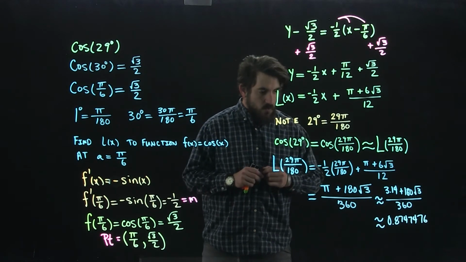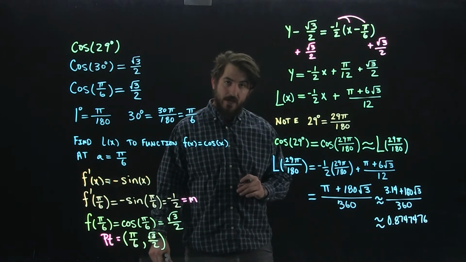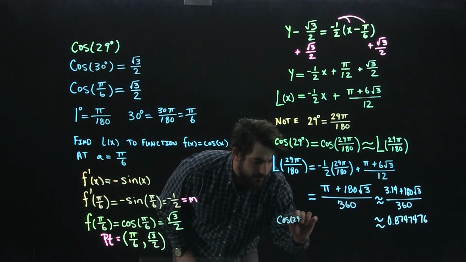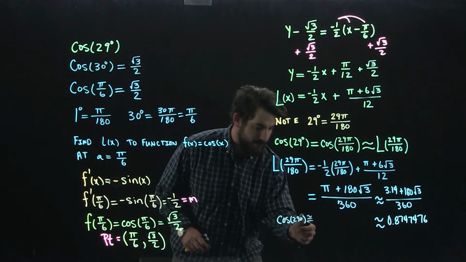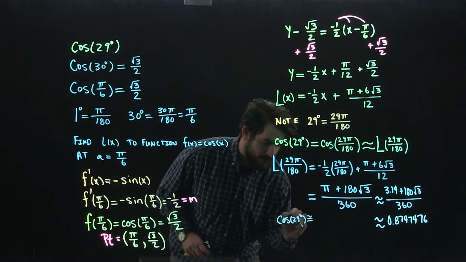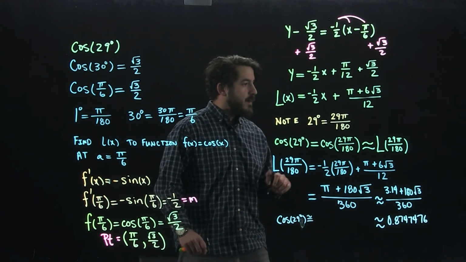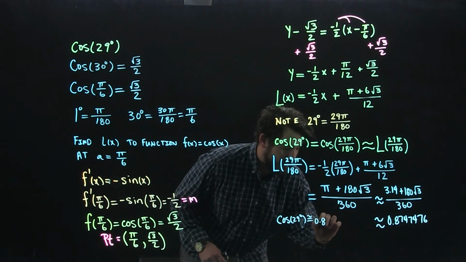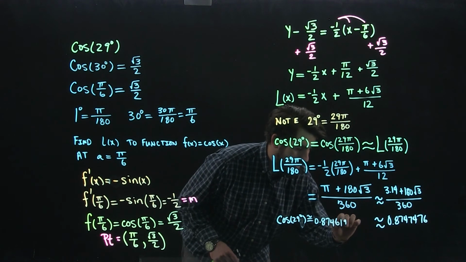So what we can then do is say, all right, now let's get a real calculator and actually calculate cosine of 29 degrees. This is approximately 0.8746197.